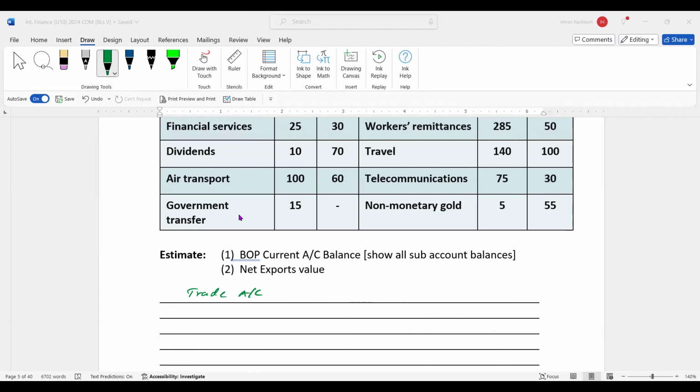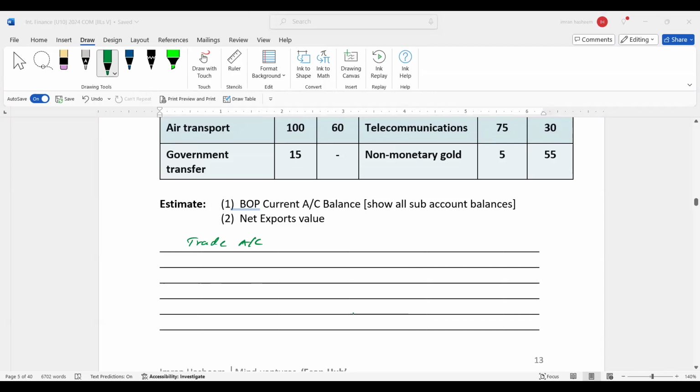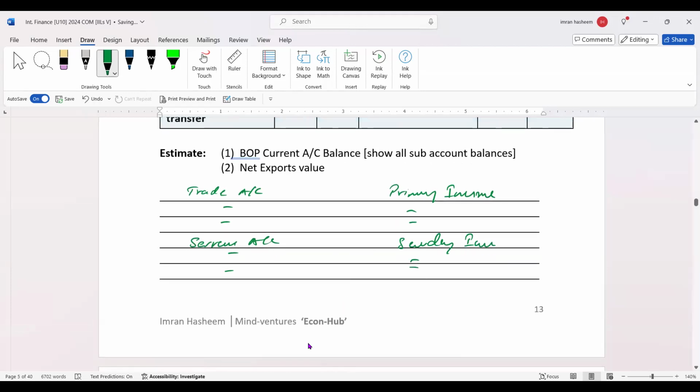Then you know what are the items that come under the trade account. So take those items, get the values. Then services account. Take the relevant items, get the services account balance. Likewise, separately estimate primary income, then go for secondary income. I'm giving a very rough outline. Take all the items and then you get the CAB, current account balance. Get it?